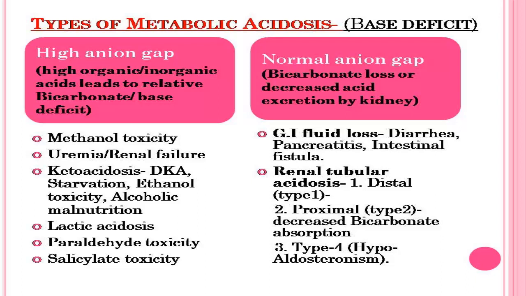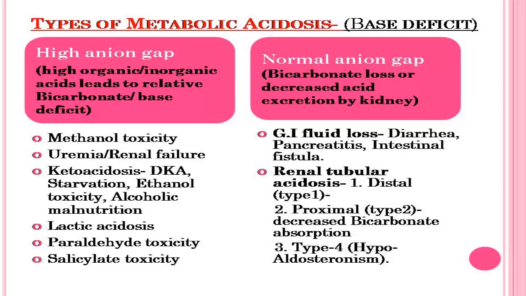And another such condition is paraldehyde toxicity or salicylate toxicity. Now remember, paraldehydes are one kind of medicine, and salicylates are also one kind of medicine that is very popularly used as aspirin. Aspirin is one salicylate product. You all take this during headache or fever. Aspirin is very much used.